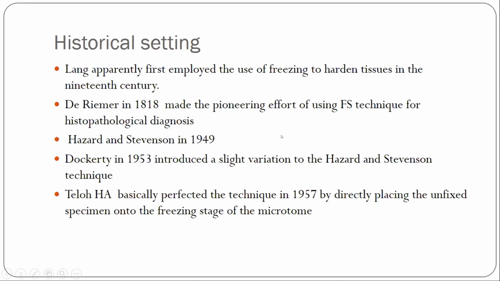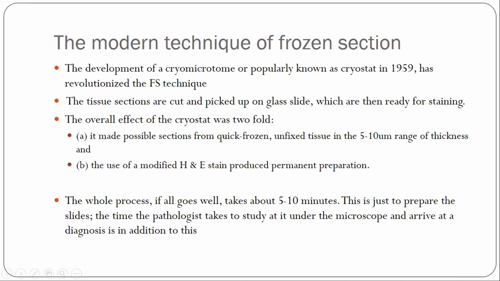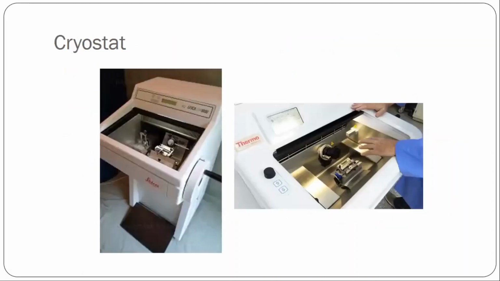Historically, we were only able to do frozen section once we got the idea and found a way to harden the tissue so that we can cut. So we use water, basically. We freeze the tissue by freezing the water so that the water will hold the tissue so that we can cut.